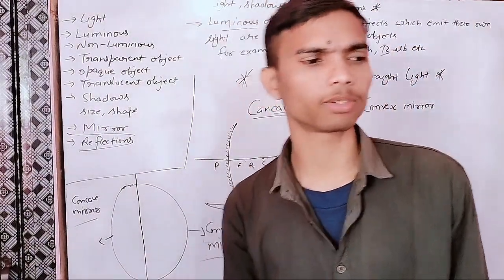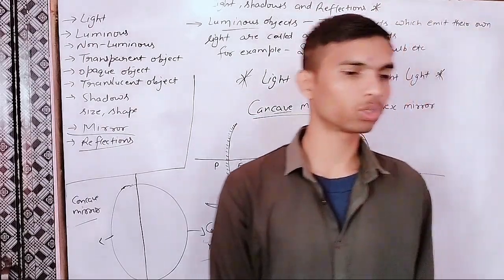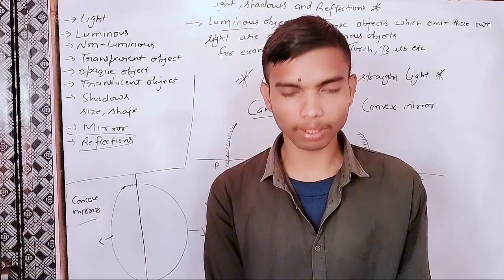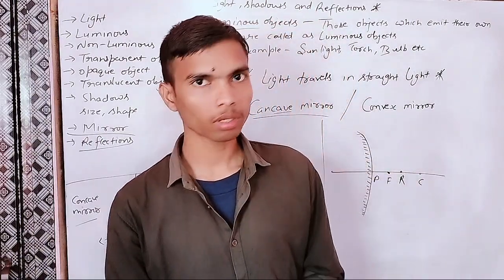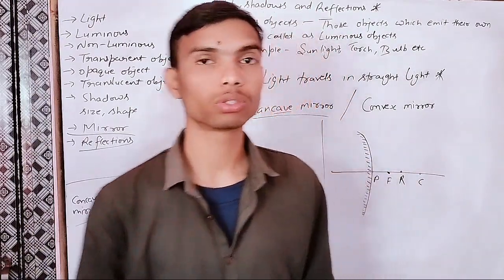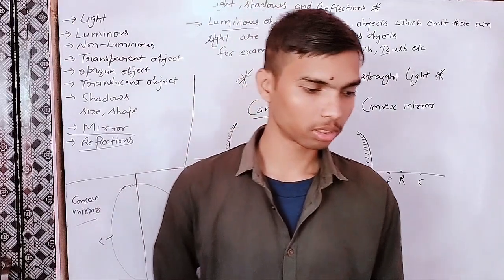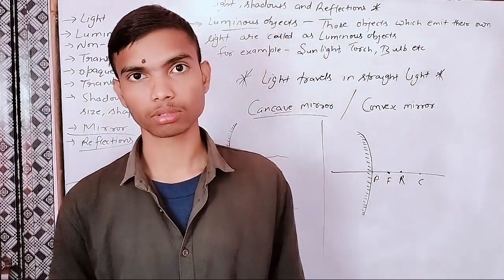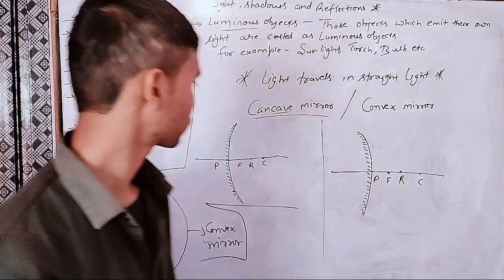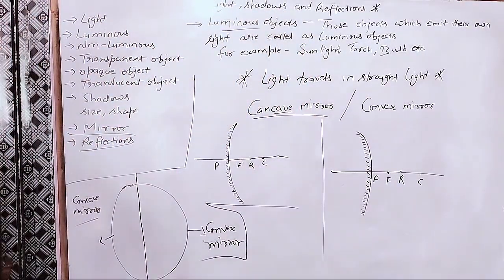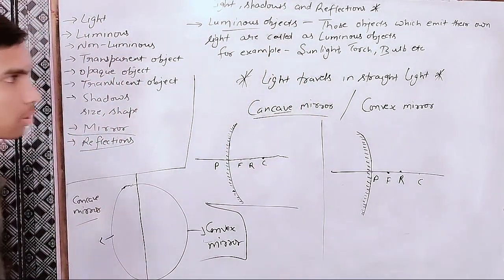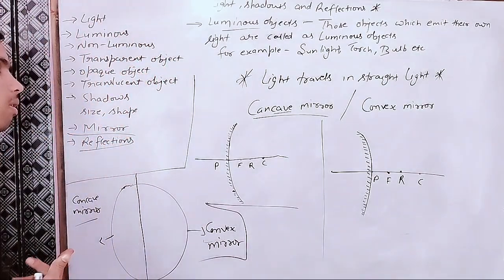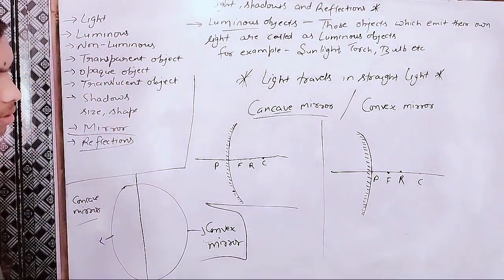A convex mirror helps to cover a lot of area within a limited area. So a convex mirror is used in traffic places. In traffic places, a convex mirror is usually used.